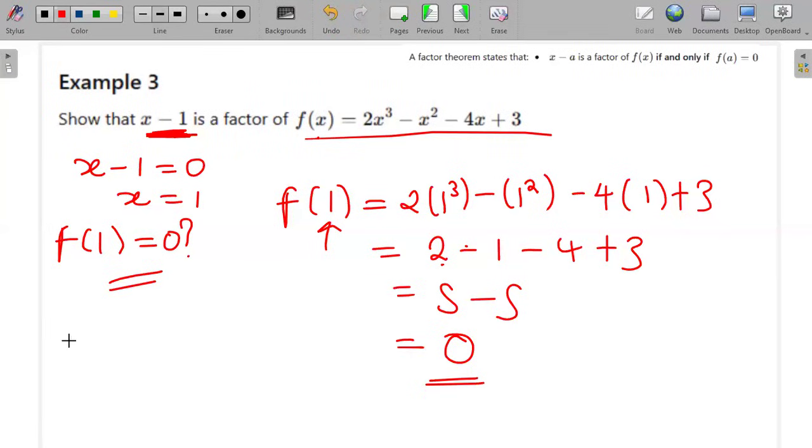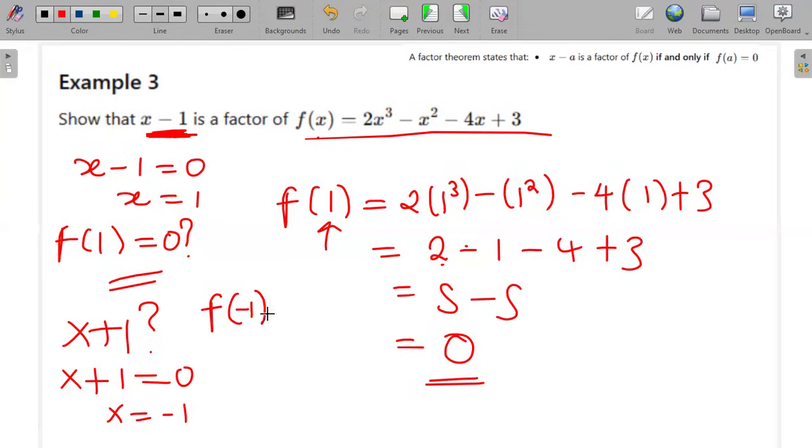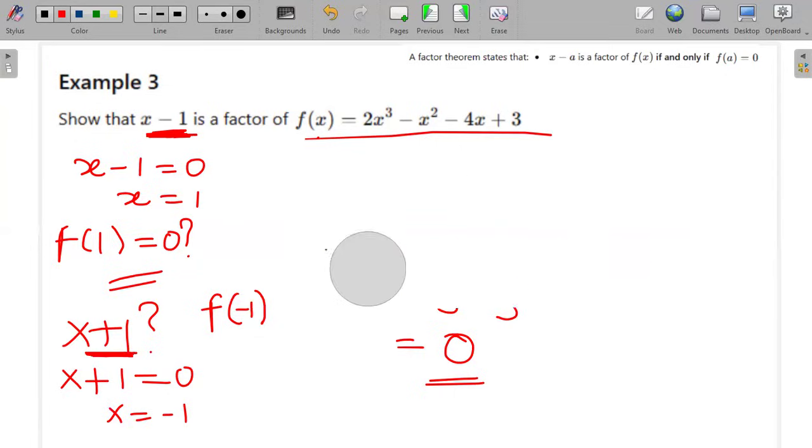We can also ask ourselves, is x plus 1 a factor? So we first equate x plus 1 to 0. So for x, this will be minus 1. So let me try to find f of minus 1. If this is equal to 0, then I'm going to conclude that x plus 1 is also a factor. If it's not equal to 0, then it won't be a factor.